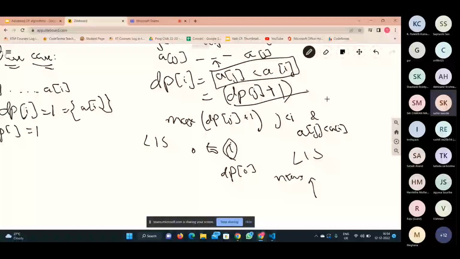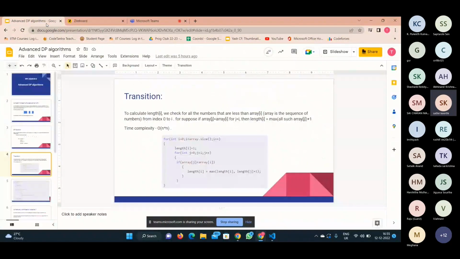So dp of I represents the longest increasing subsequence with the ith term as the last term, right? So we need to find the maximum value of all the possible dp values, as our longest increasing subsequence might end with any of the terms. This is the final code.